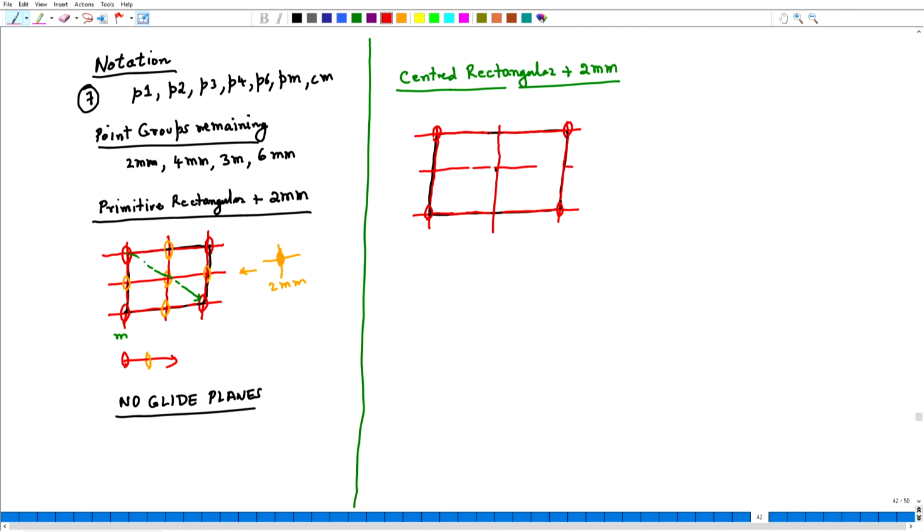But in this case, I will also have to go to the centered lattice point as well and put a two-fold. Now, let me put some motifs in this. So, if I put a motif here, the mirror will reflect, change the handedness, and this is a mirror as well here.